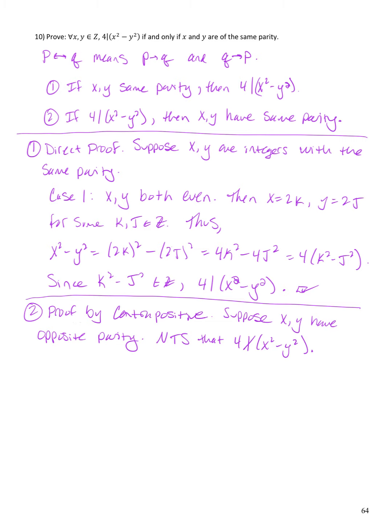So supposing x and y have opposite parities, there's two cases. One is even and the other is odd. So case 1 will have x be even and y odd. And then case 2 is we flip it: y will be even and x will be odd.